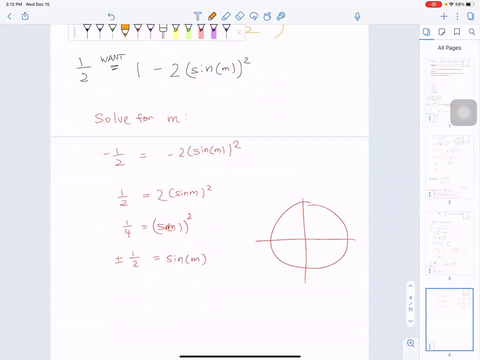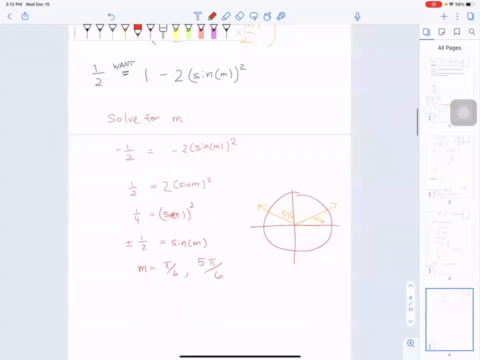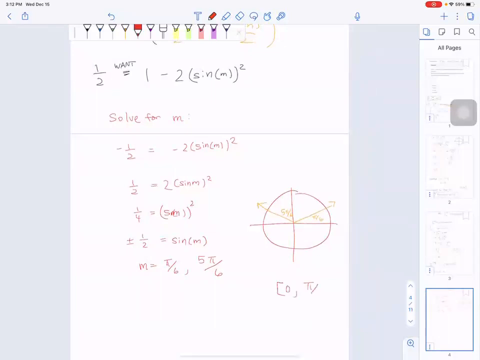That's around here, or here, these orange points, and this is pi over 6, 5 pi over 6. So we get m equals pi over 6 or 5 pi over 6. But remember what our interval was. Our interval was from 0 to pi over 4. So 5 pi over 6 is out of our bounds. We don't want that. So our answer for m is pi over 6, and that's your median.